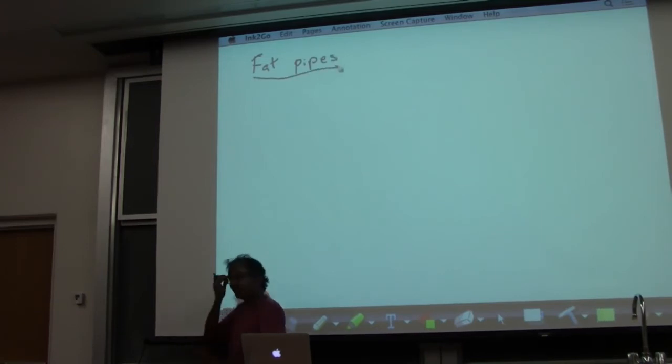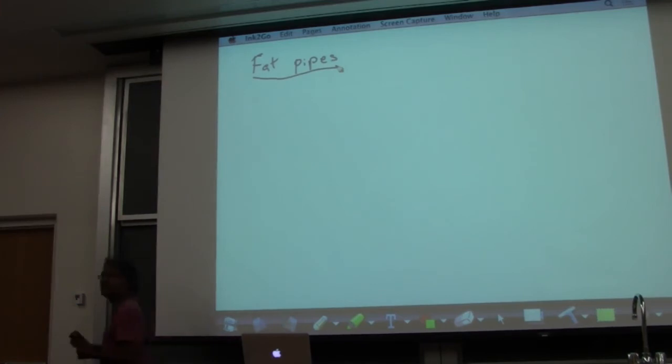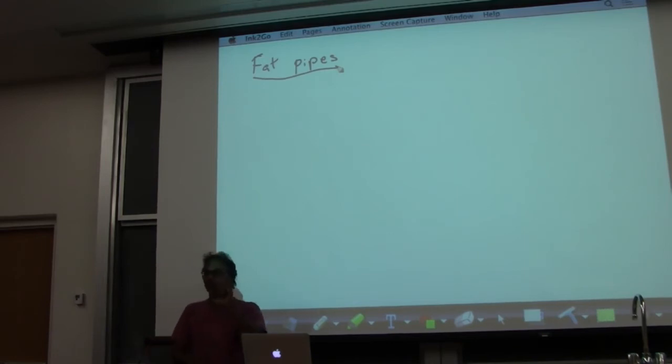Remember that the basic Ford-Fulkerson structure is: find an augmenting path from S to T, augment along this path, repeat. Keep doing this till you can't do any more. We are not changing that structure. We are merely saying find a good augmenting path from S to T. That's all. And the definition of the word good is what we'll define in the algorithm.